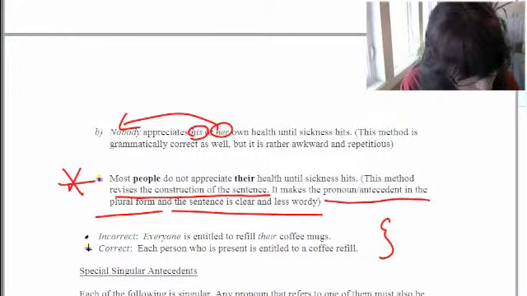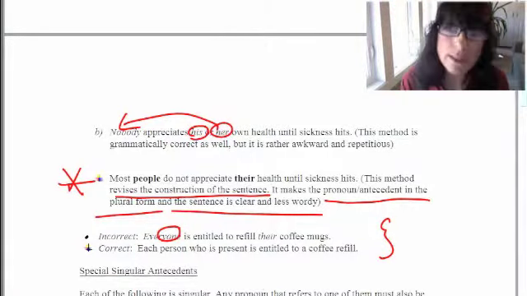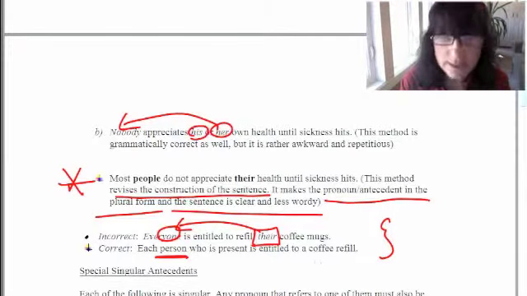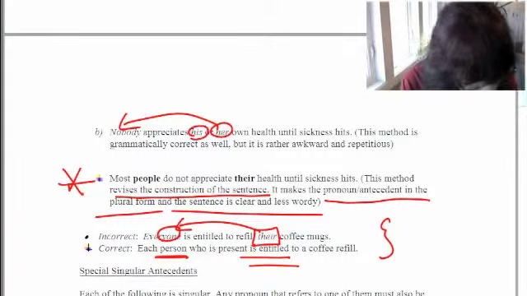Another example, this would be incorrect: everyone is entitled to refill their coffee mugs. Everyone is always singular. So therefore, you cannot say to refill their. It does not agree. So you'd have to say each person, which is singular. It's not sexist by saying each person who is present is entitled to a coffee refill.